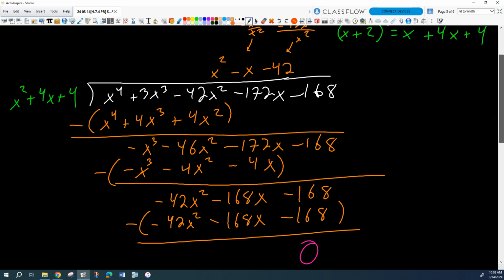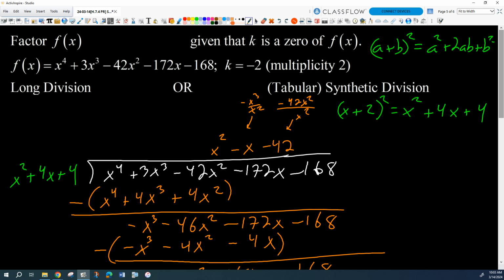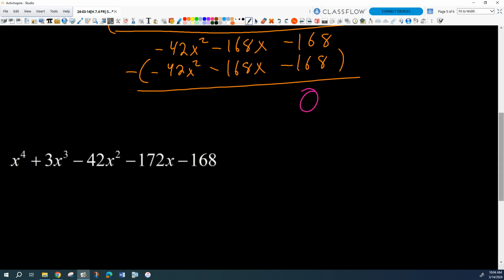So again, we got the same thing we got before, right? We get x plus 2 quantity squared times the orange polynomial, which is what we started with. Very same outcome that we had before. Then we just factor that just like before.